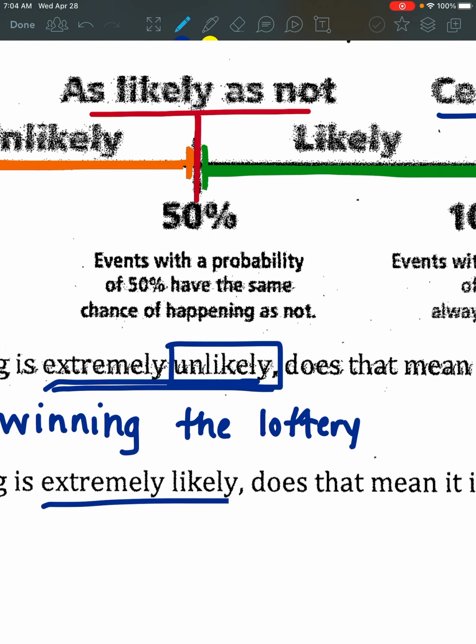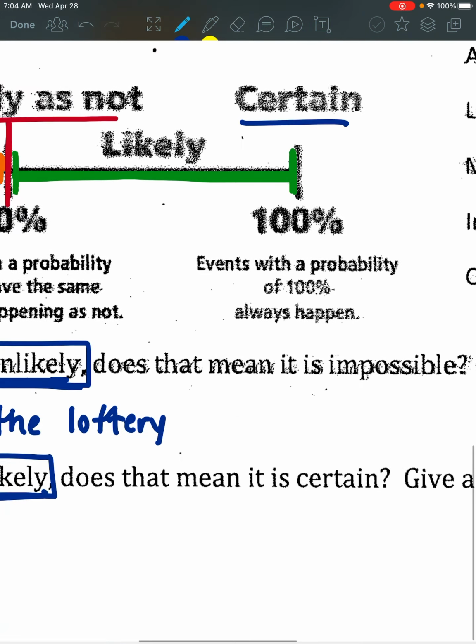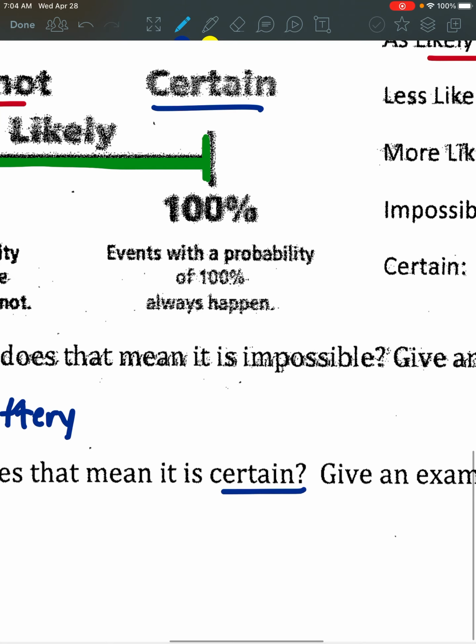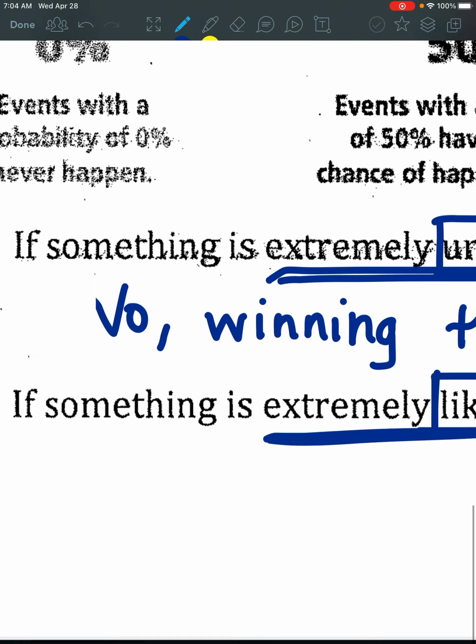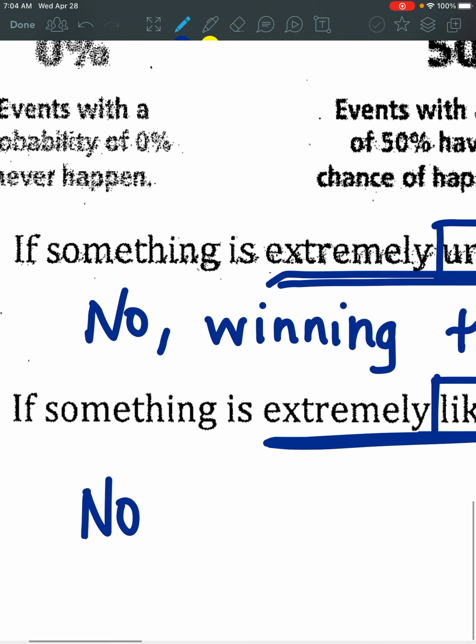If something is extremely likely, so that means it's very, very possible that it's going to happen, does that mean that it's certain? Does it mean that it's 100%? Not necessarily. I thought about last week when we got a snowstorm. I thought, well, what's the likeliness of us having school tomorrow? It was pretty likely with a snowstorm in April, but was there a chance that something happened and we didn't have school?